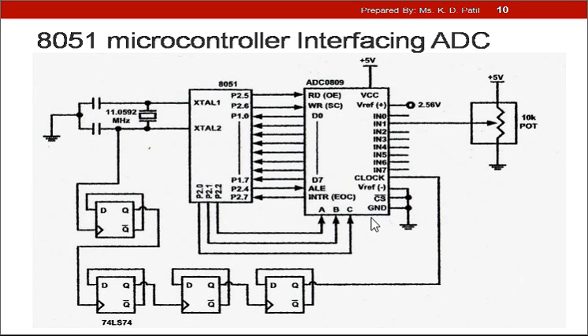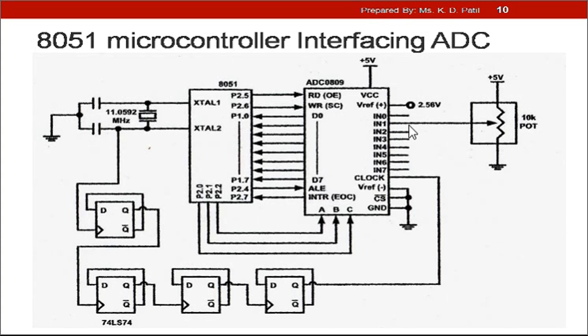Now how will it work? Initially the 8051 microcontroller will send some address value to the address lines, that is ABC. Now these are the analog input signals of ADC 0808. Here the IN1 analog input signal is recorded for the conversion.